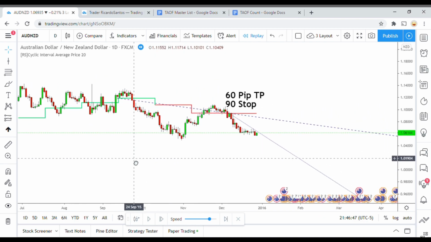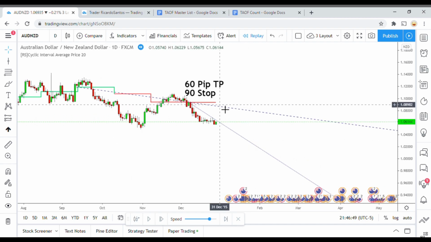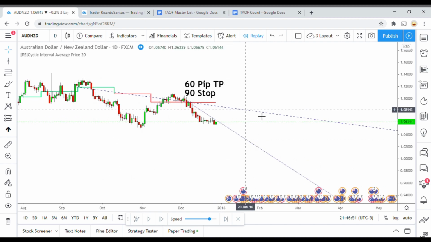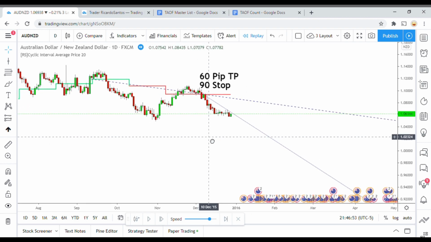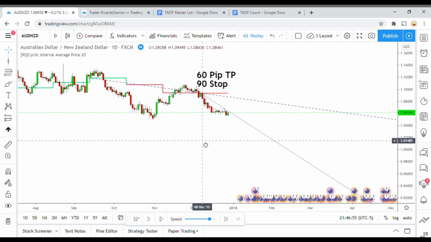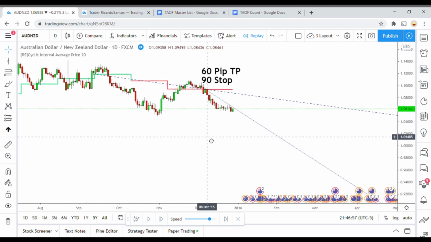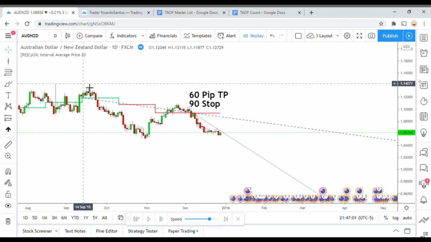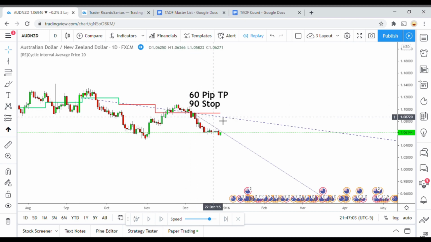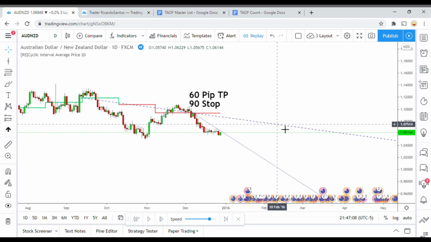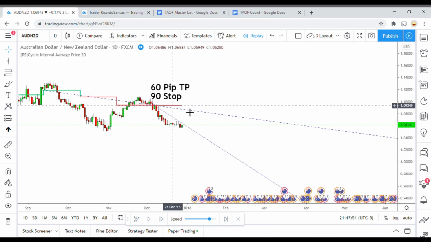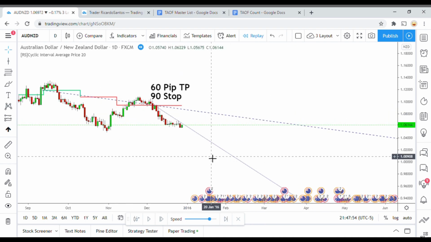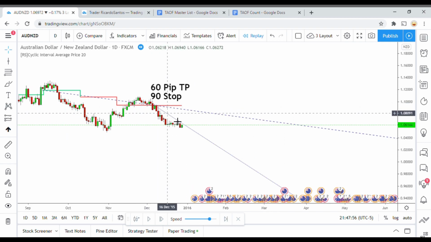Now, to add an extra twist onto this indicator, you can see here that there is this dashed and dotted line. And what it is doing is it is connecting a point back here to a point up here with the dashed line, and it is projecting out a sloped support and resistance line.